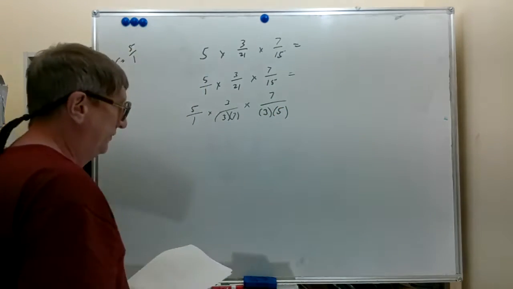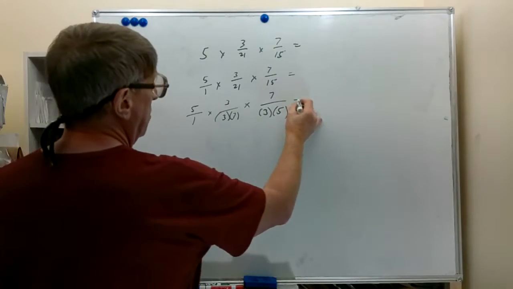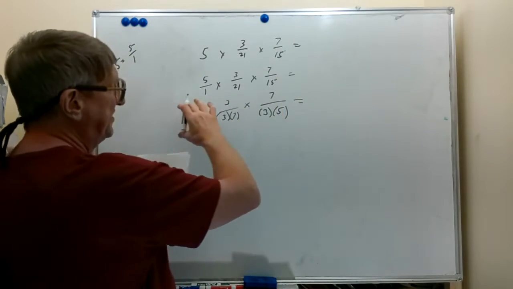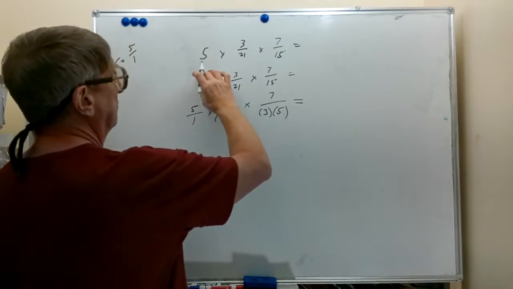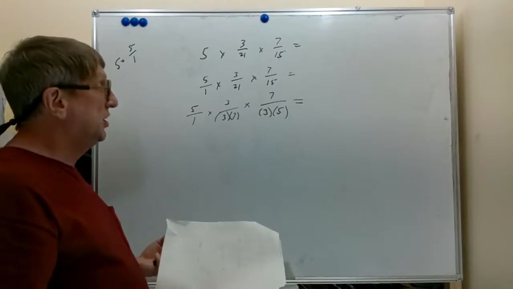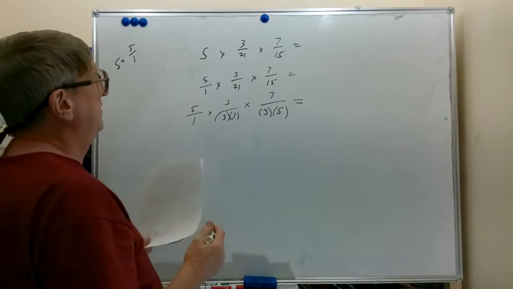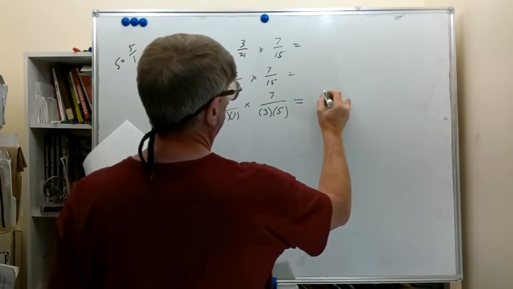So we have factored these numerators and denominators in order to reduce everything to lowest terms to make the whole job a little easier. Now we could rewrite this fraction.